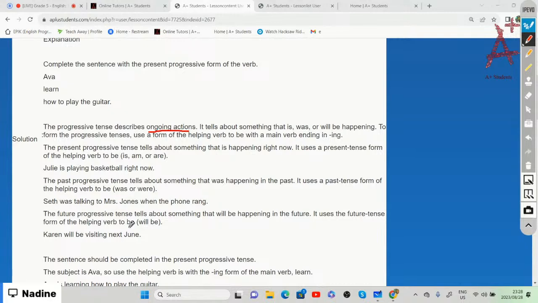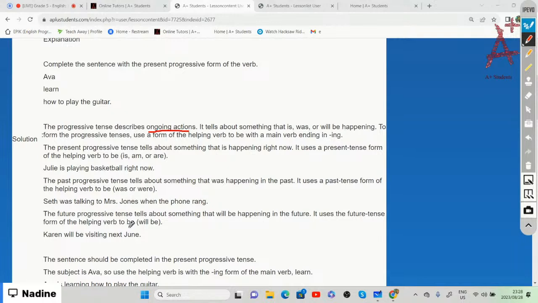The helping verb is, am, or are basically gives us an indication that it is the present progressive tense, which shows that something is happening right now. For example, we said Julie is playing basketball right now. That shows the present progressive tense, something that is happening right now.